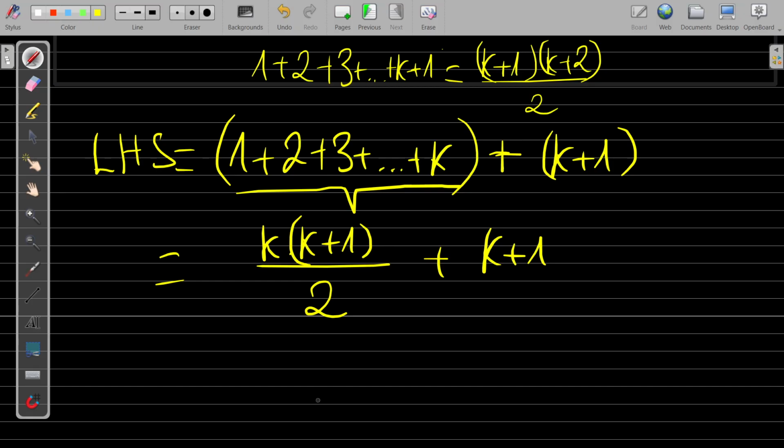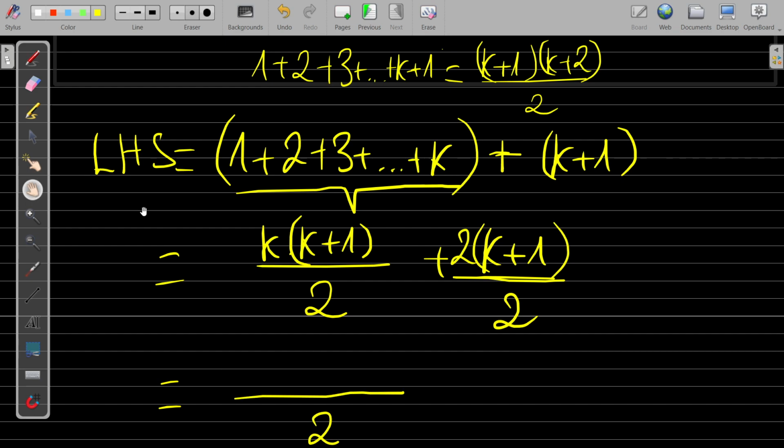Now, of course, we're going to have to simplify this. So we're going to need a common denominator. We need 2 of these, because if we don't have that, there will be half of that, and it's not really half. We need a common denominator here. So when we have this, we will have the common denominator, which is 2.